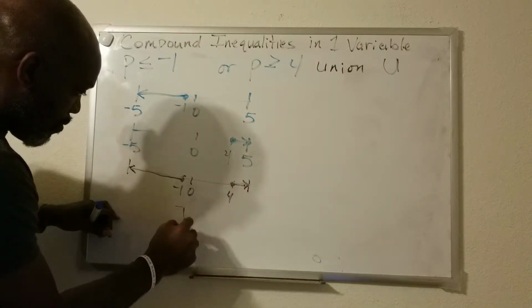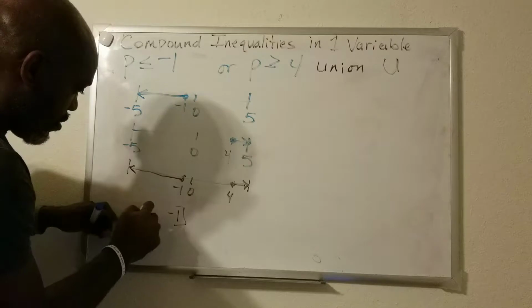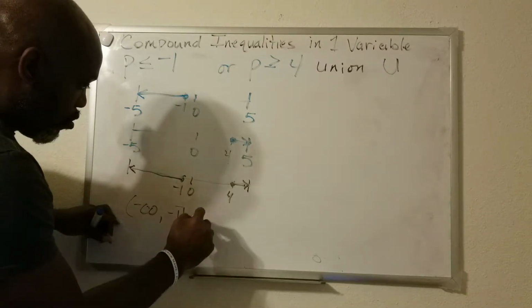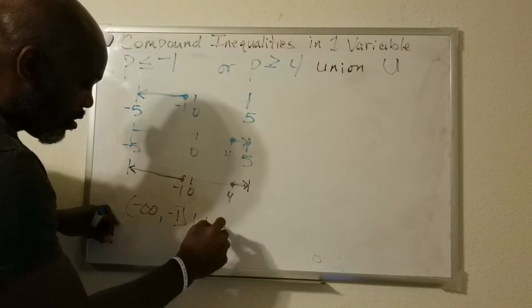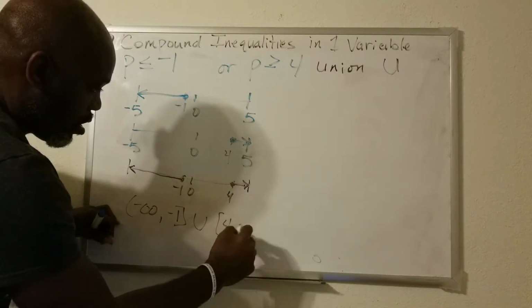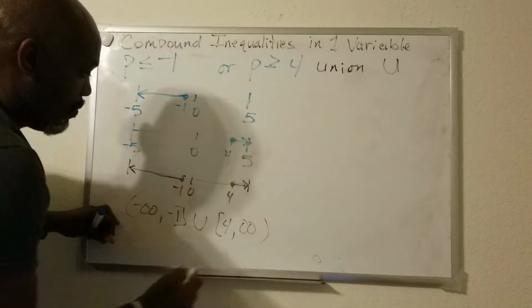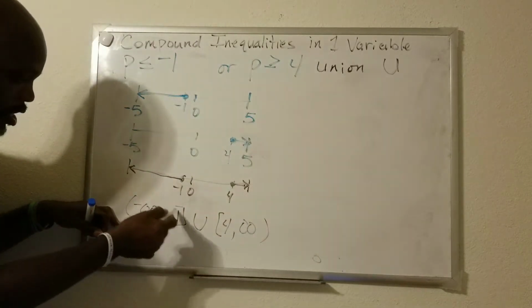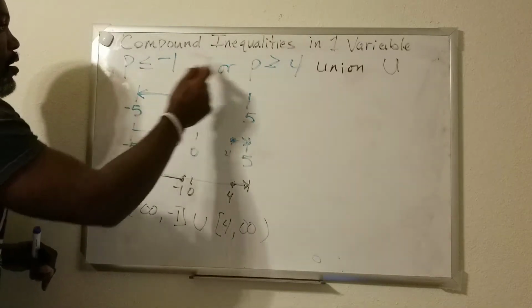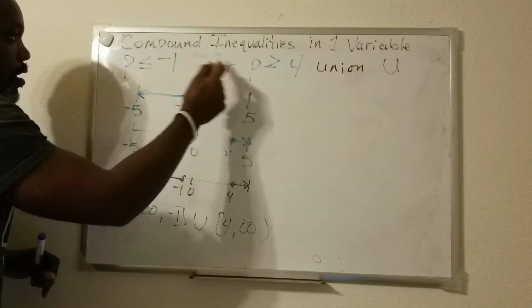This is a bracket, negative infinity, -1, or, right? Bracket 4, comma, positive infinity. Okay, these numbers or these numbers would satisfy this answer, right?